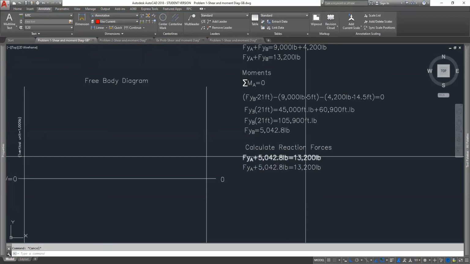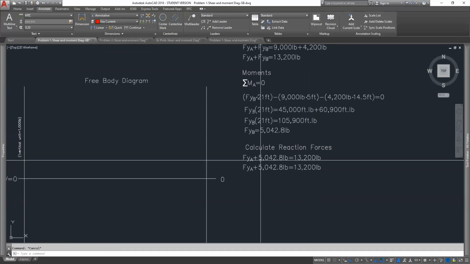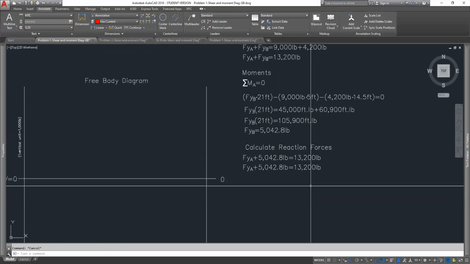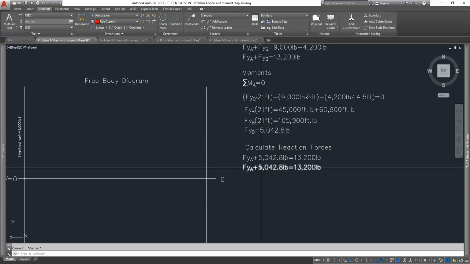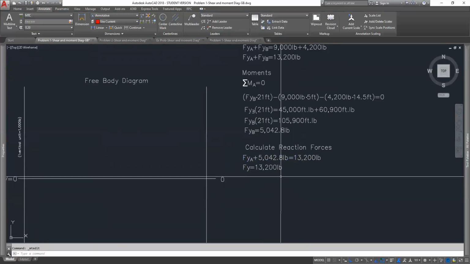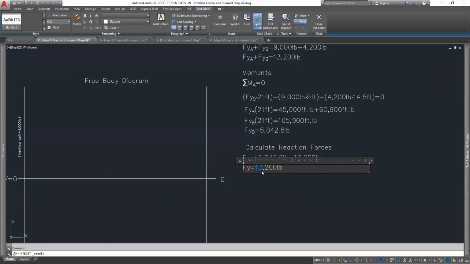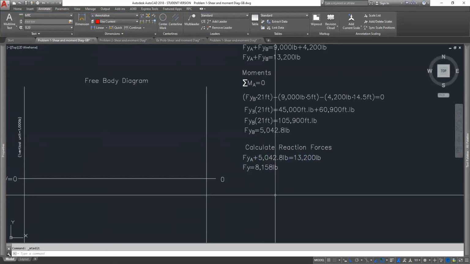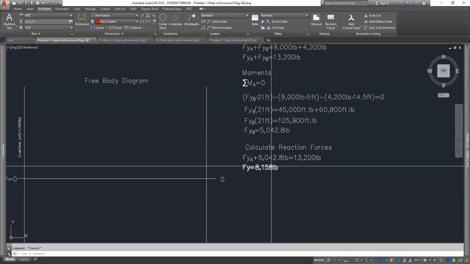So somebody can please subtract 5,042.8 from 13,200.